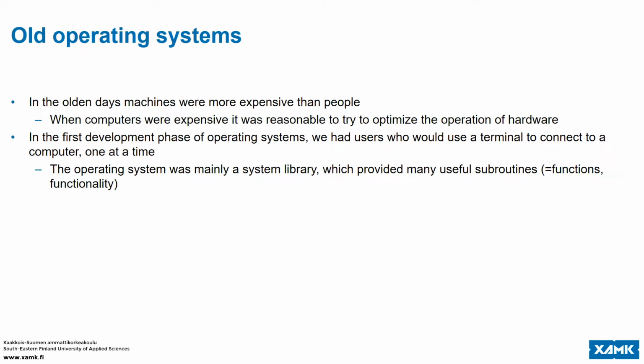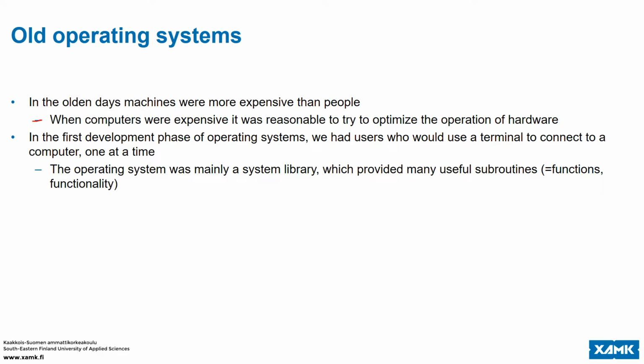And that was basically because computers were very expensive, much more expensive than people. So we could actually hire many computer technicians to run one single computer. In that context, it basically meant that computers were more expensive than people, so it was reasonable to optimize the operation of the hardware.